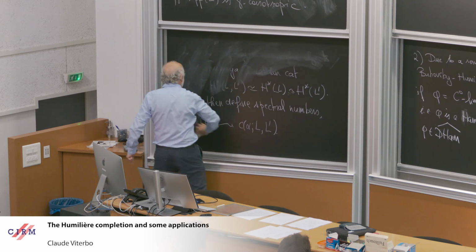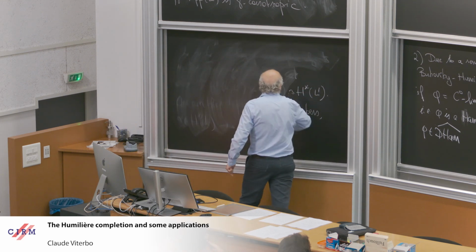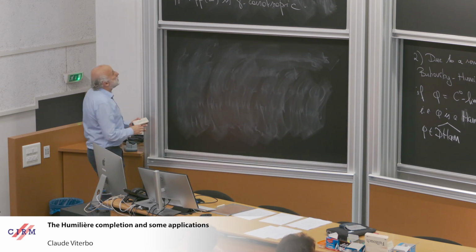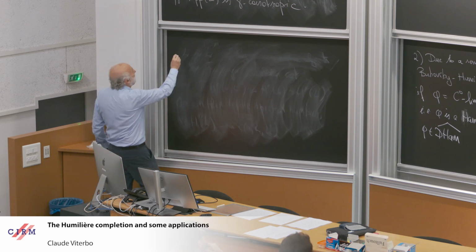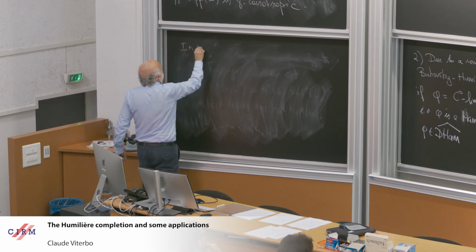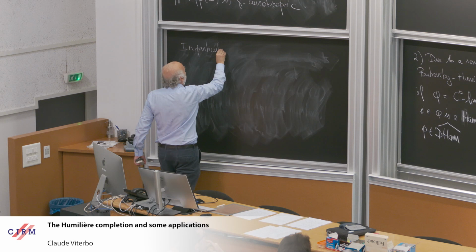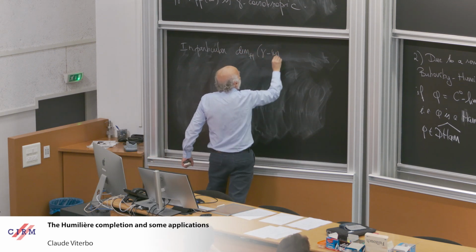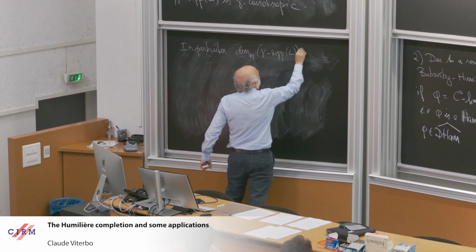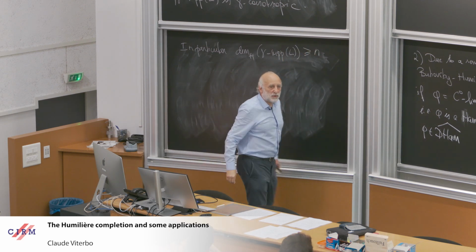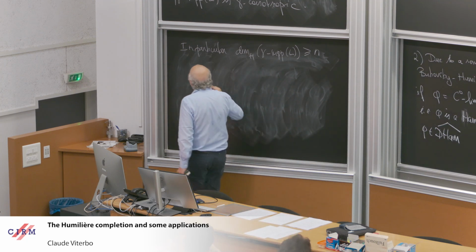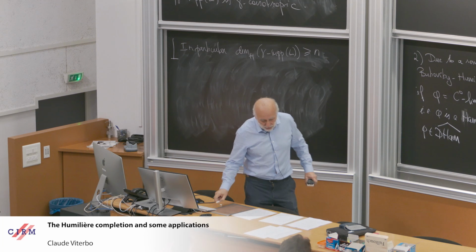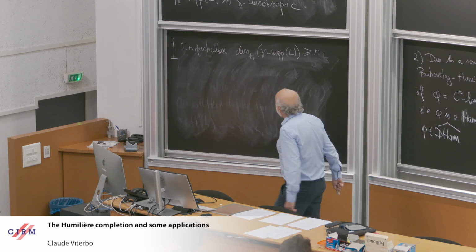I mean, it's not completely trivial, because this gamma support can be rather complicated. But in particular, the Hausdorff dimension of the gamma support of L is greater or equal than n. So this is just to show you that it cannot be arbitrarily small.